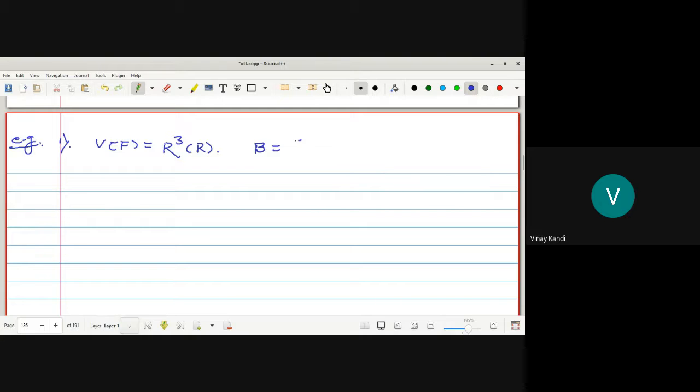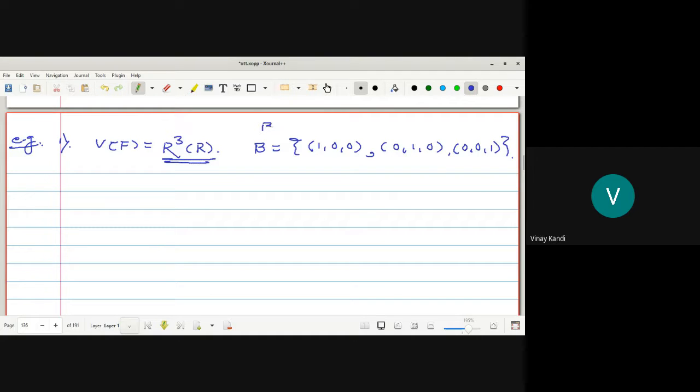The first is the ordered triplet 1 0 0. The second one is 0 1 0. The third one is 0 0 1. This set is linearly independent, and this set spans your whole vector space. So this is the basis.